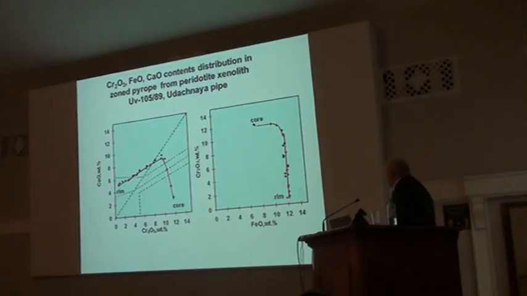And what about iron? The core is very low in iron, about 7% here, and the rim up to 12%. This decrease of chromium.